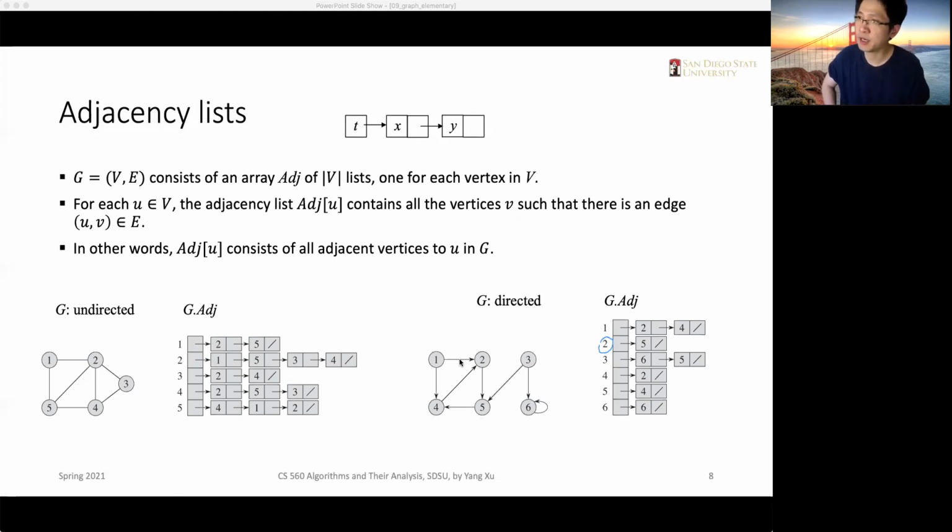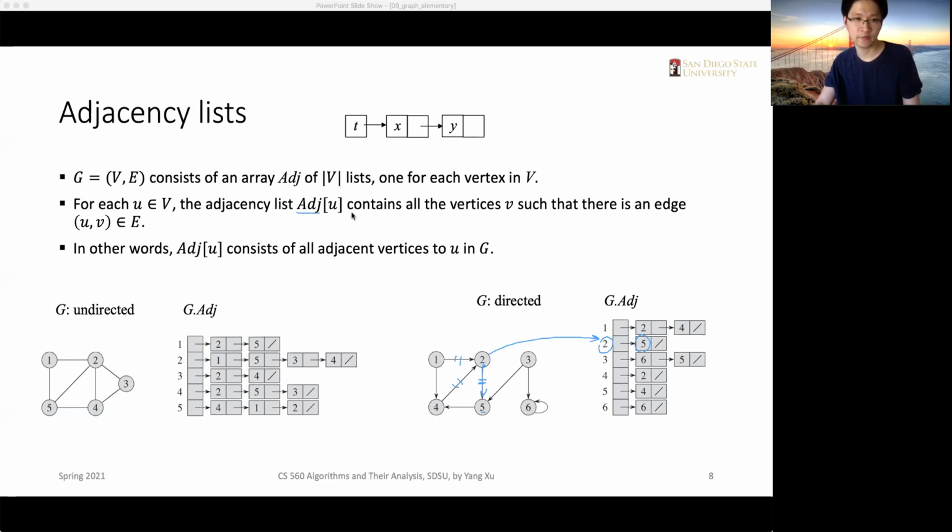An edge is defined by a starting vertex and an ending vertex. If you look at 2, there seem to be 3 edges connected to it, but the adjacency list for 2 only stores 5, because only one edge leaves the vertex 2 to another vertex, 5.